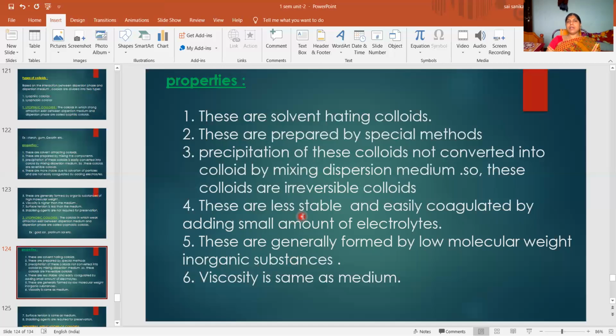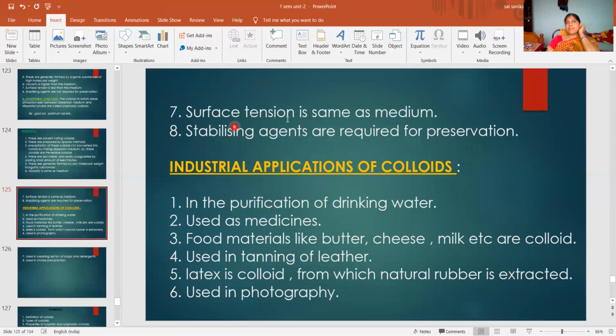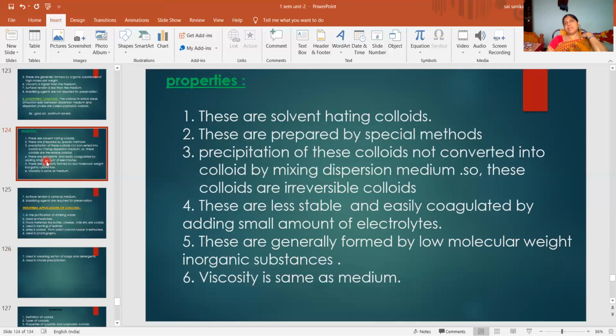There they are formed by high molecular weight organic substances. Here viscosity is same as medium. Next, surface tension is same as medium. Here stabilizing agents are required for preservation. Okay, so these are the properties of lyophobic colloids.